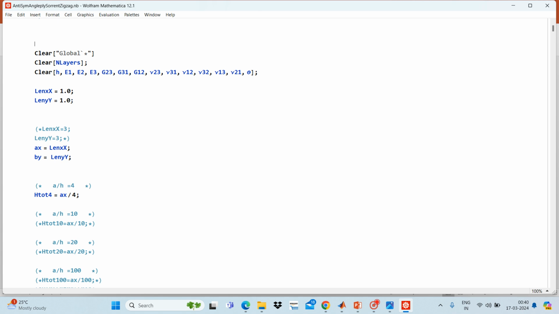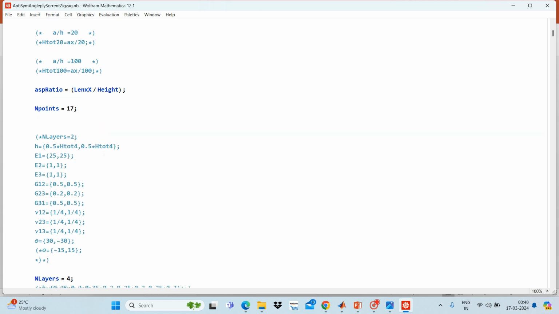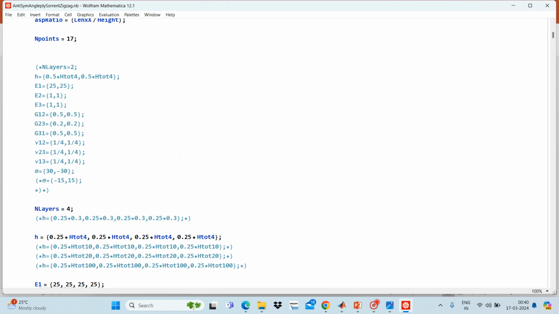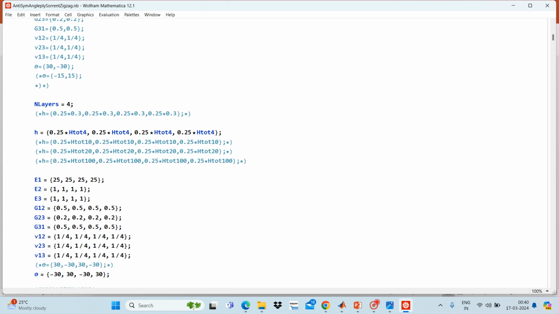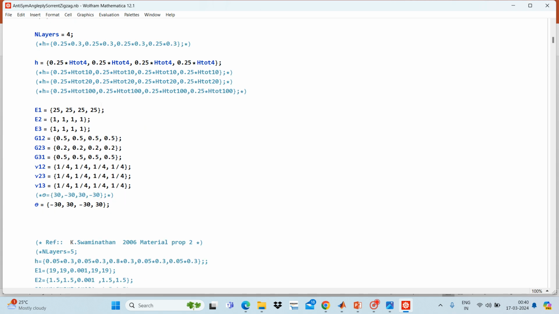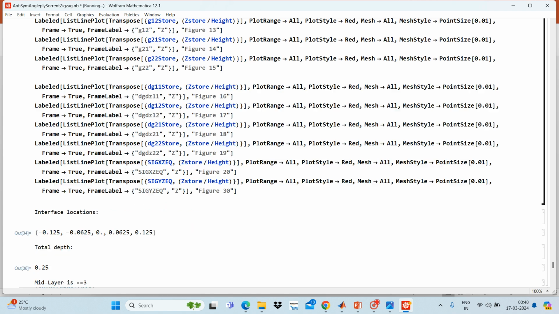Again we are taking the length along x and y same, a square laminate, and also a by h ratio is 4, and we are seeing for the 4 layer laminate. Okay, it's minus 30, plus 30, minus 30 and plus 30. Okay, for this laminate if we run this code, let's see what results we get.